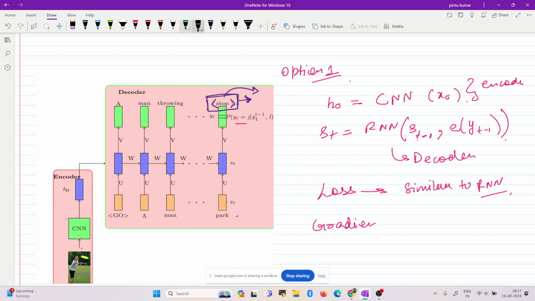Because the information is flowing through this channel, going from here to here, if the sentence is pretty long, then this initial information that we are feeding in might get lost after 10 or 12 time steps.